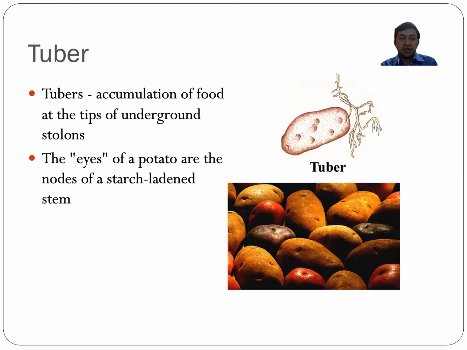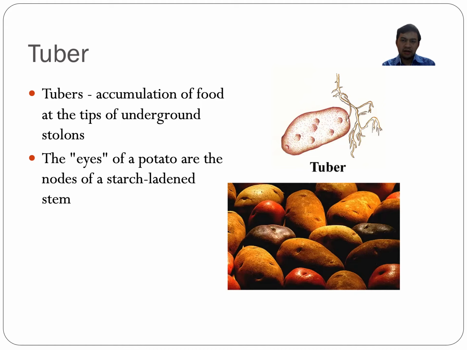The next one is the tuber. I think you are familiar with this kind of stem. A tuber is an accumulation of food at the tips of underground stolons. The example of the plant is potato.